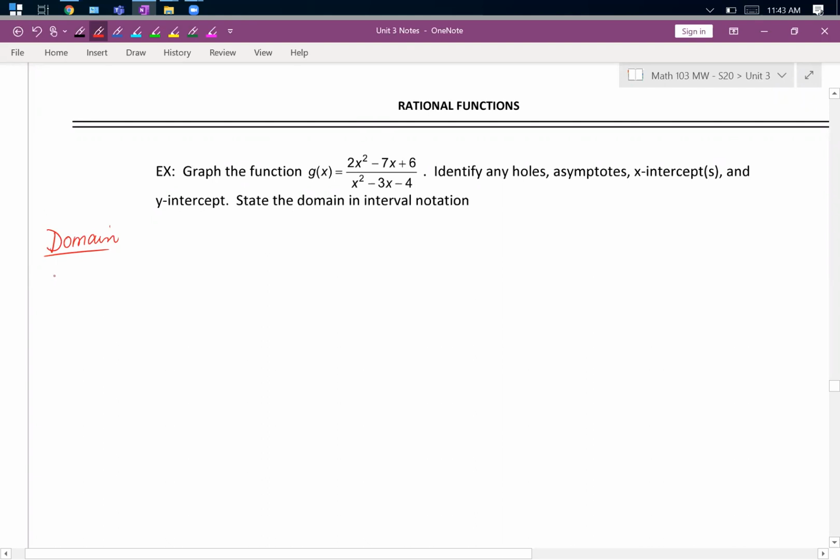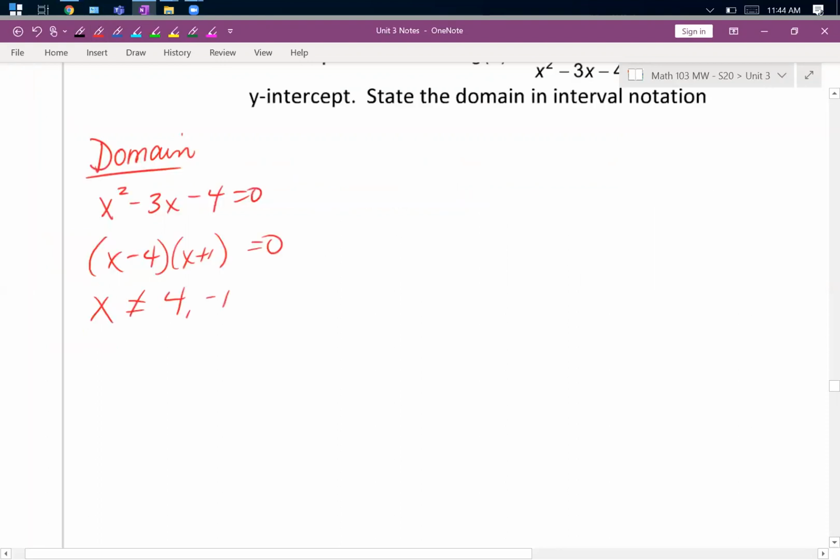So to find our domain, set our denominator equal to 0, solve and exclude. We get that x can't be 4 or negative 1.